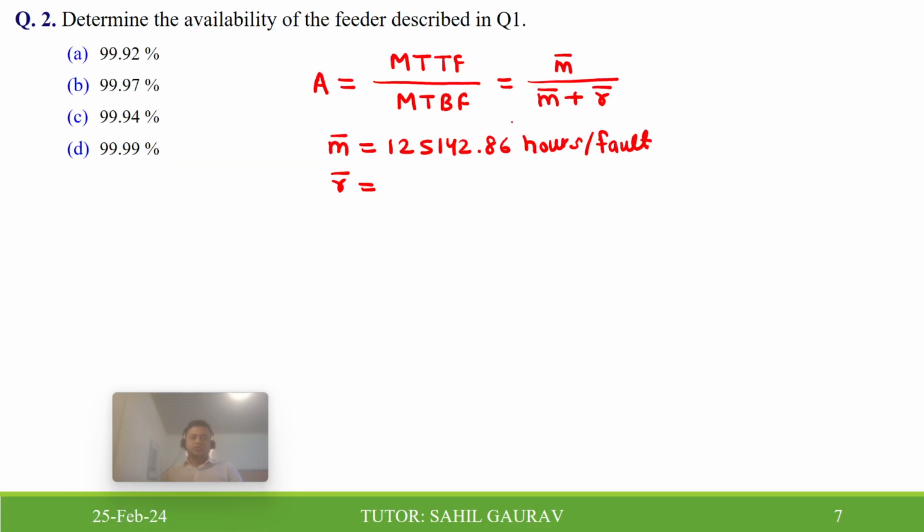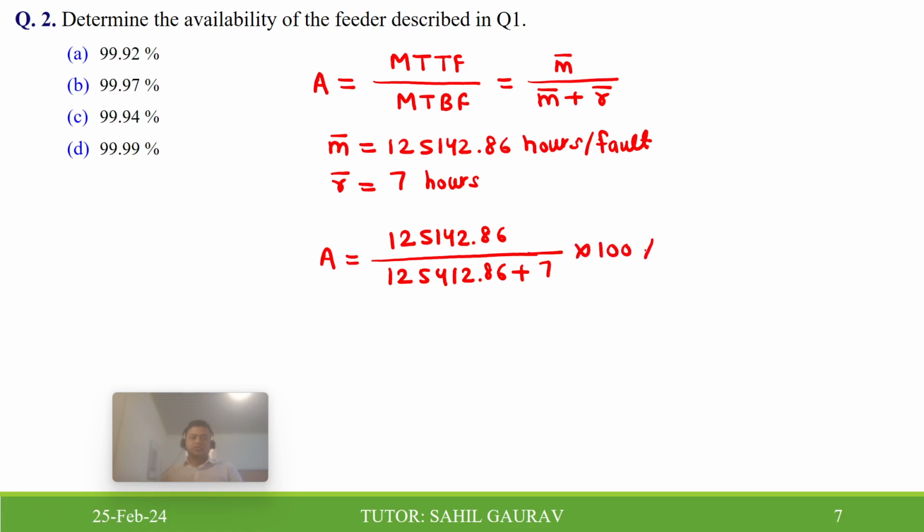The mean repair duration is 7 hours. So therefore availability will be 125,142.86 hours per fault in the numerator, and the denominator is this plus 7, and you have to multiply with 100 so that you get the answer in percentage, not in terms of units.